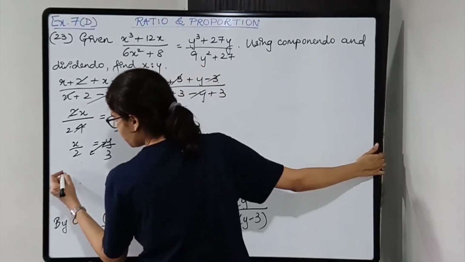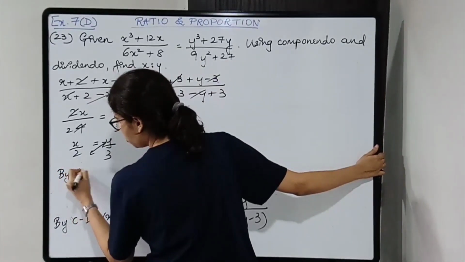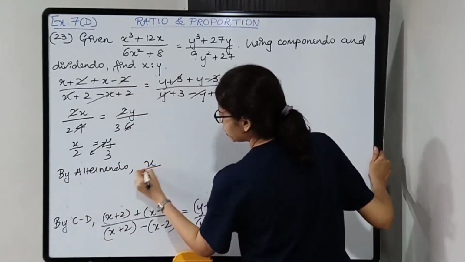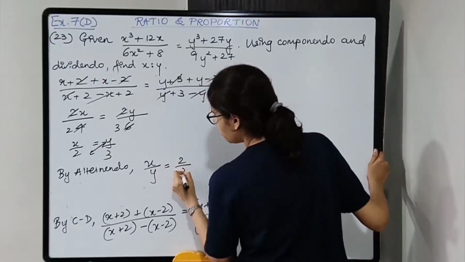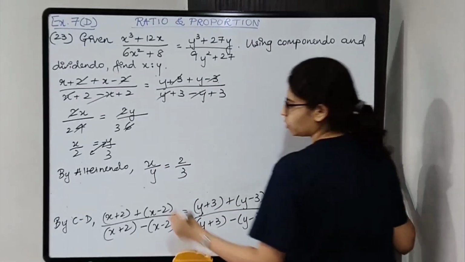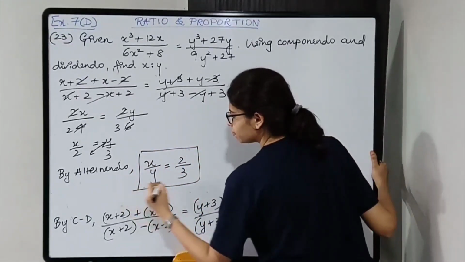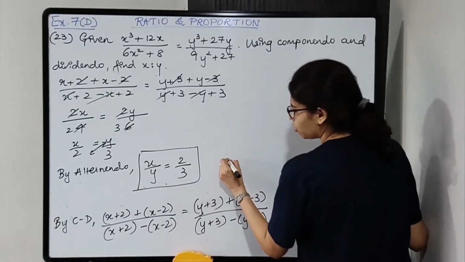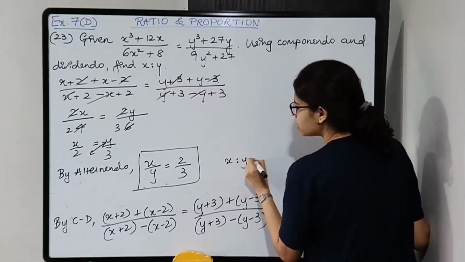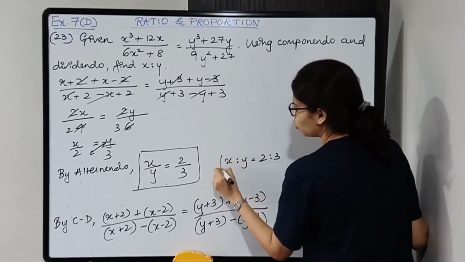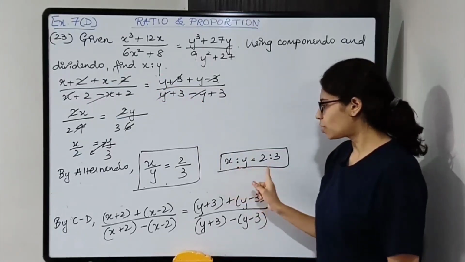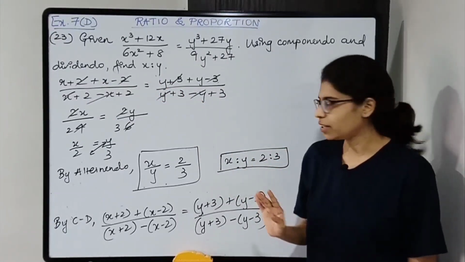So by alternando, x upon y is equal to 2 upon 3. So we found the value. On the next line write down x is to y is equal to 2 is to 3, because they have asked in this format. Write it in that form only, and box this.